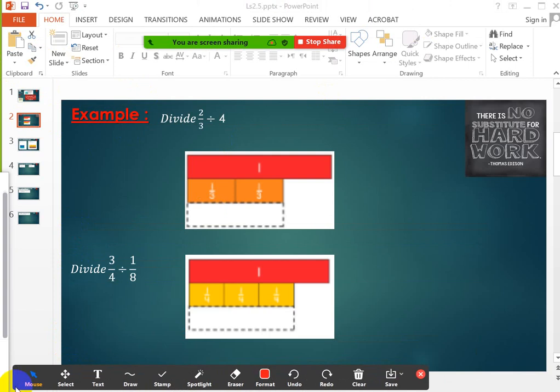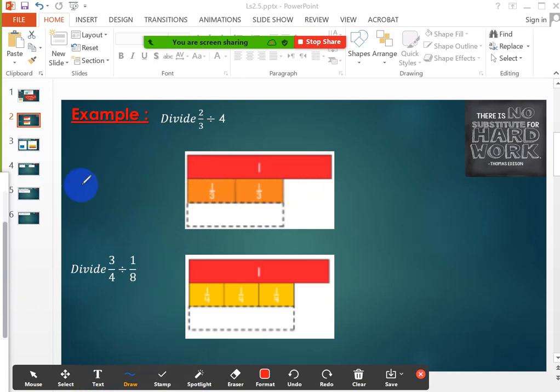So if I want to write the unit fraction in each square or rectangle here, I will write 1 in the numerator, and in the denominator I will write the number of squares or rectangles here.